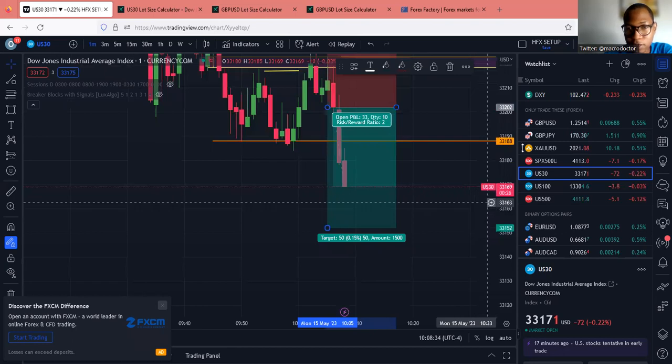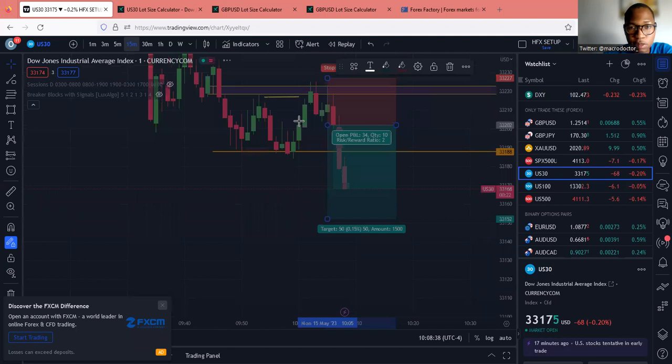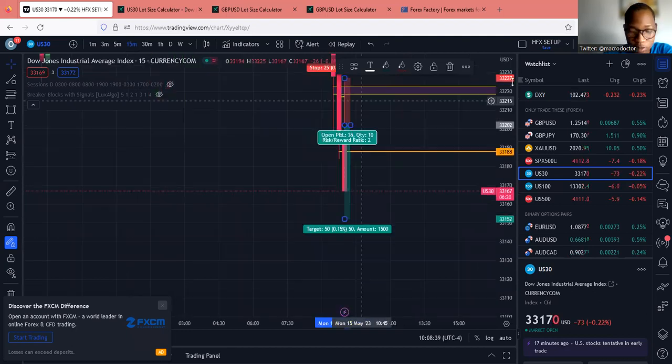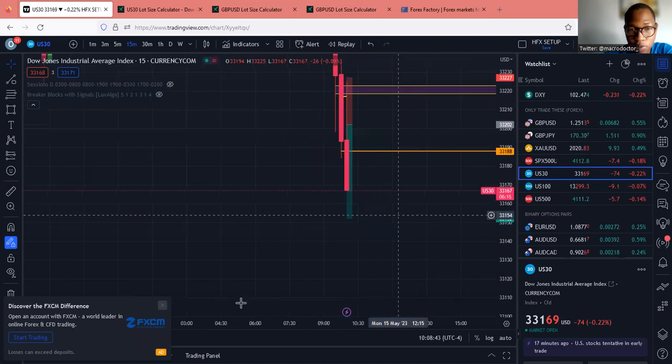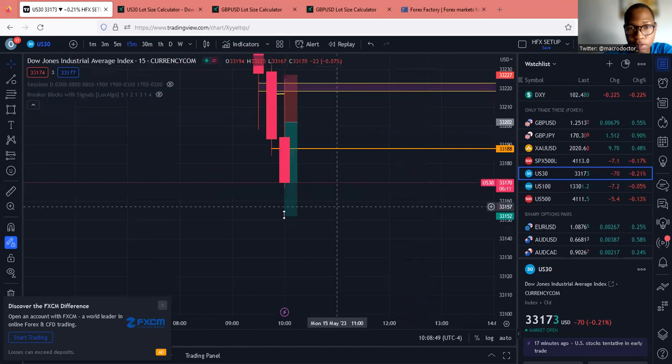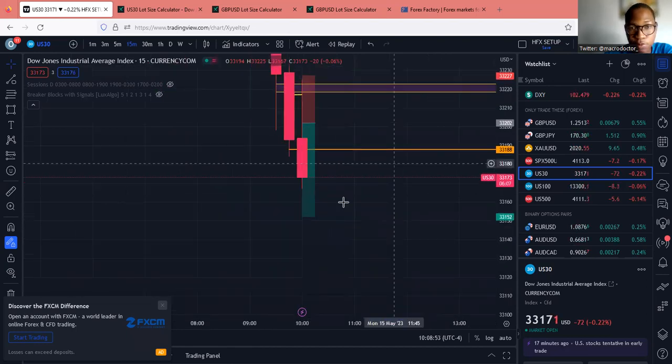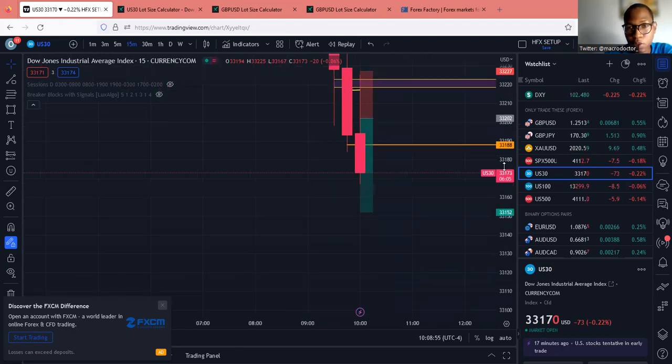I'll likely ride this all the way to 10:30. So let me see if there's any nearby low that it might even be wanting to hit. But once price hits this 33152, I'll close most of my position. Let me see if there's any low.